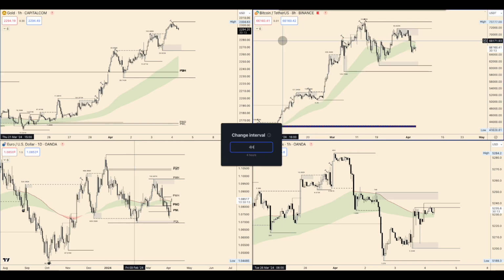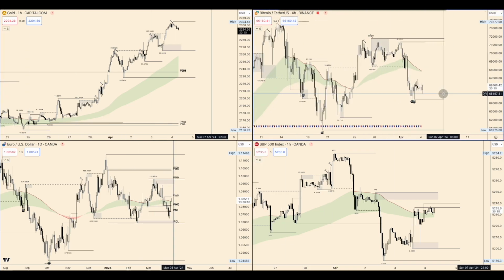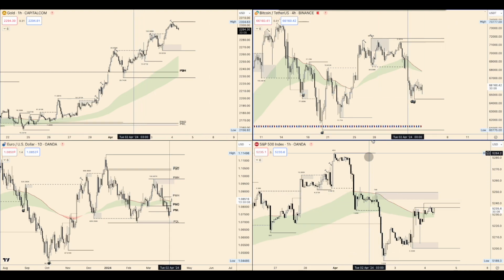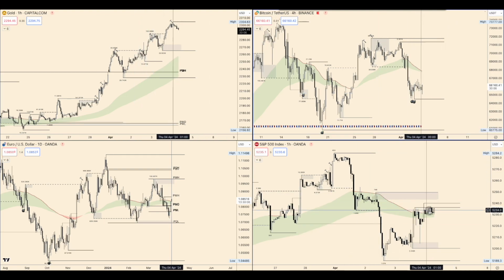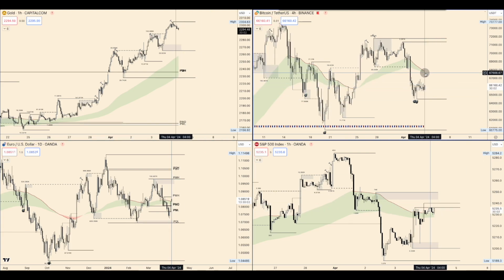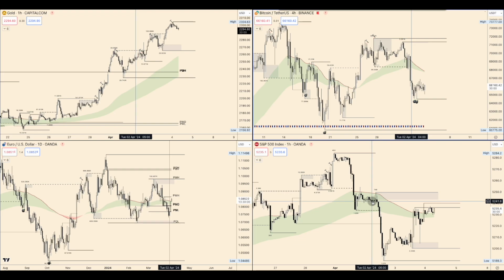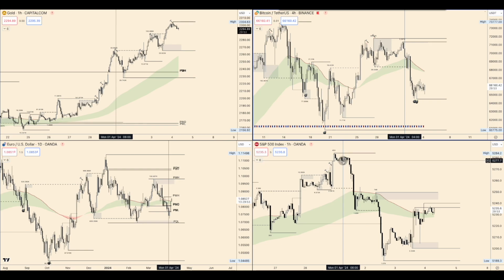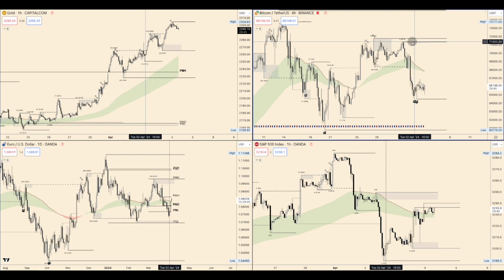And you can go to, let's say, a 4-hour chart on Bitcoin, and you can watch the beta. If you're breaking out on the S&P 500, often you will see Bitcoin move with it, right? And you can see that all the larger sell-offs that happened, when I move my cursor here, the drop on Bitcoin was correlated with the S&P 500.